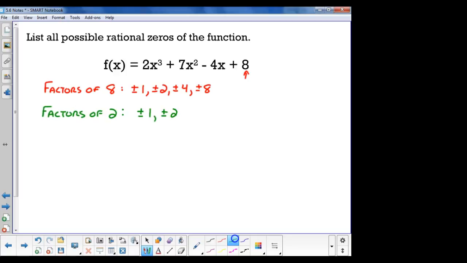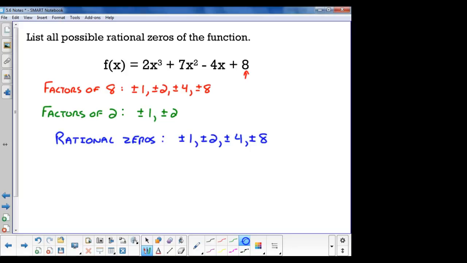You'll probably rarely hear me say the plus or minus part because I'm just going to assume that it's there. So then, my rational zeros are, first ones, I write down plus or minus 1, plus or minus 2, plus or minus 4, plus or minus 8. I write down the red numbers as is.